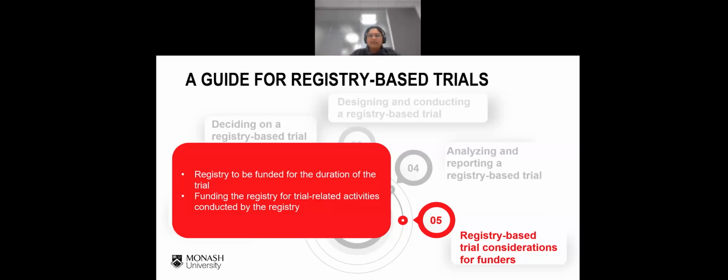Or another thing to consider would be the aspects of the trial that are being conducted by the registry, and that these would be funded by the trial and not funded by the registry. So funding considerations for specifically registry-based trial projects would be included in this section.